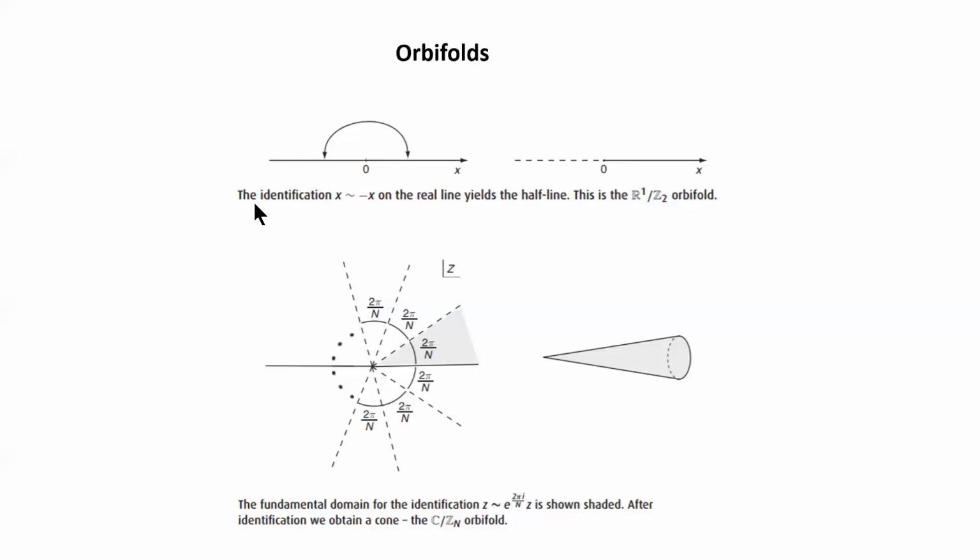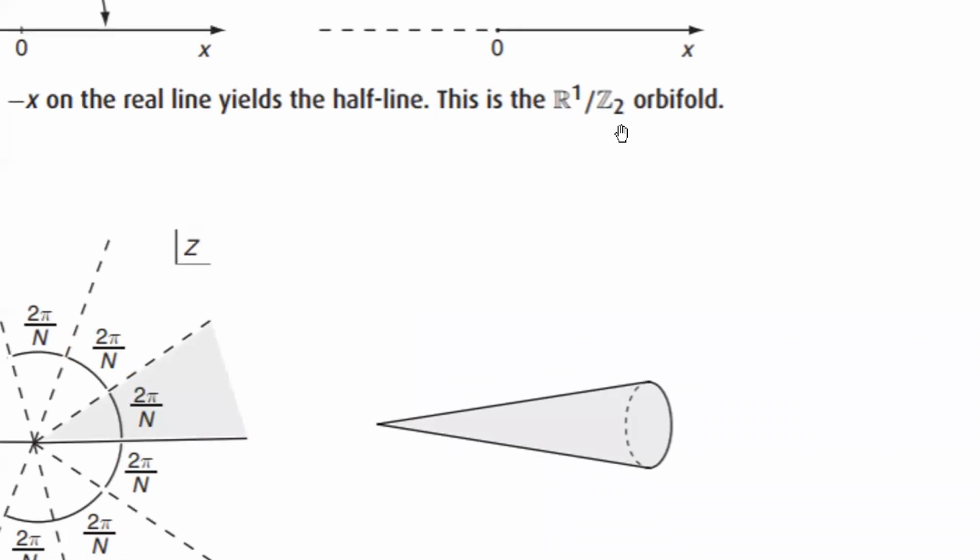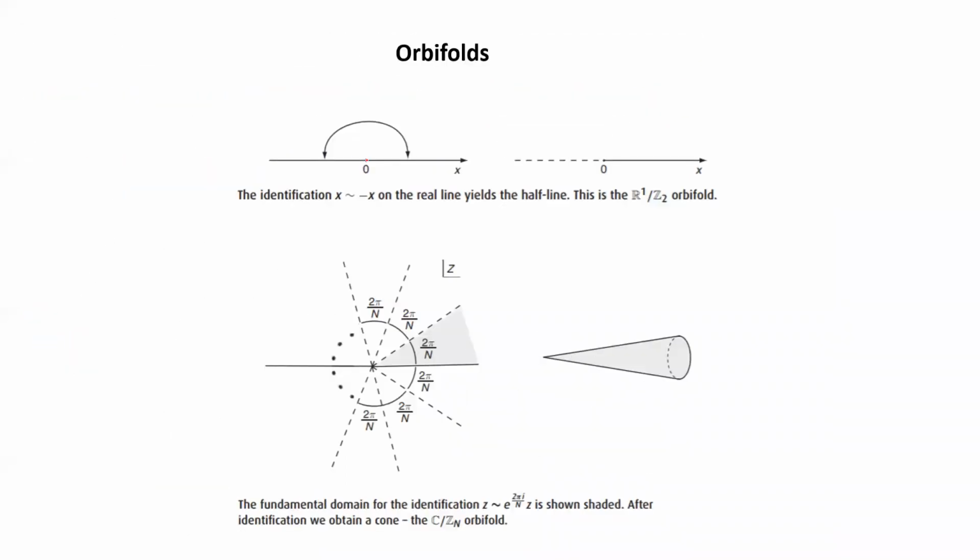Supposing now we have an identification such that x yields minus x, then the real line yields the half line. Here we have a fixed point, so the 0 is called the fixed singular point.